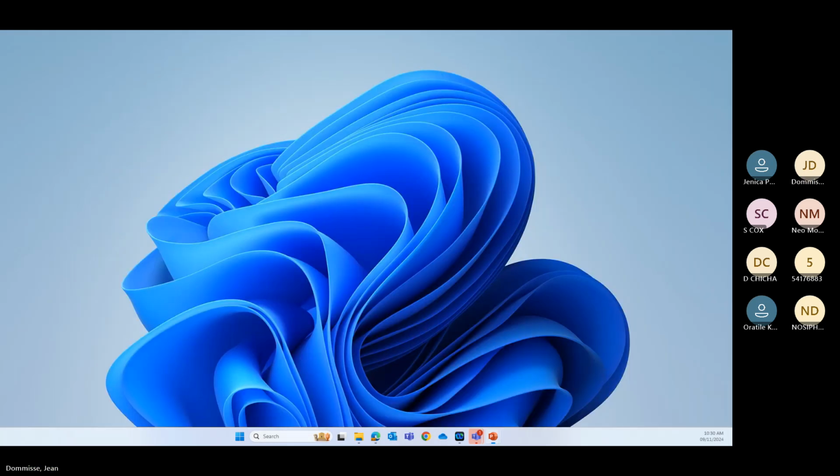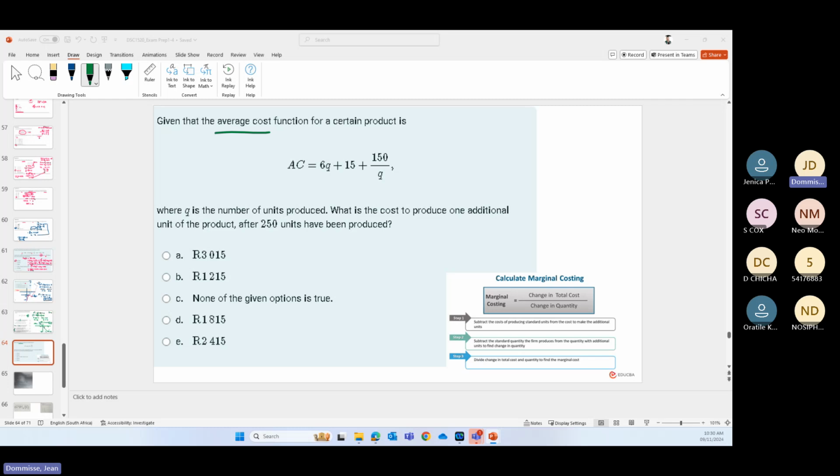You're on the right track. So we need to get to marginal cost.